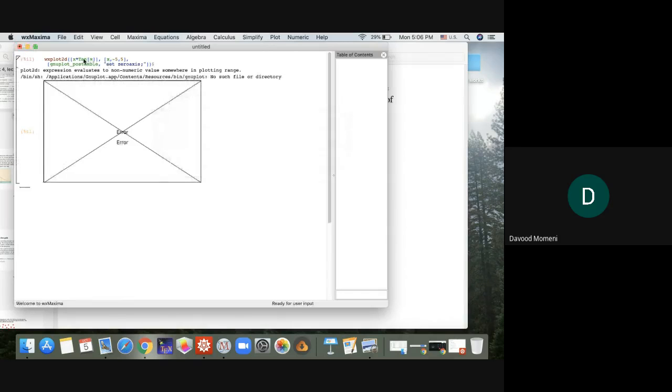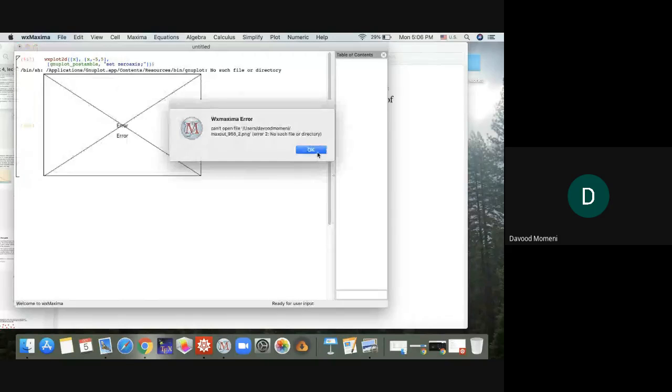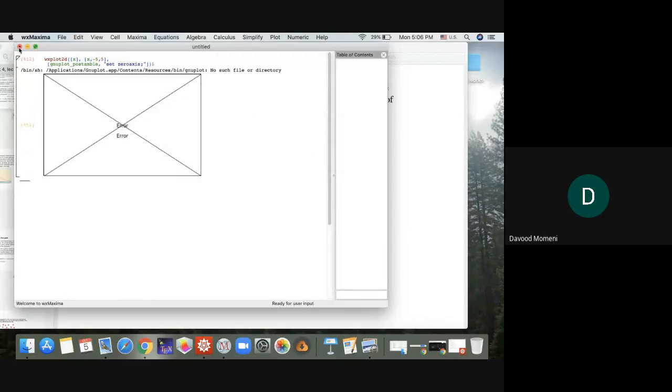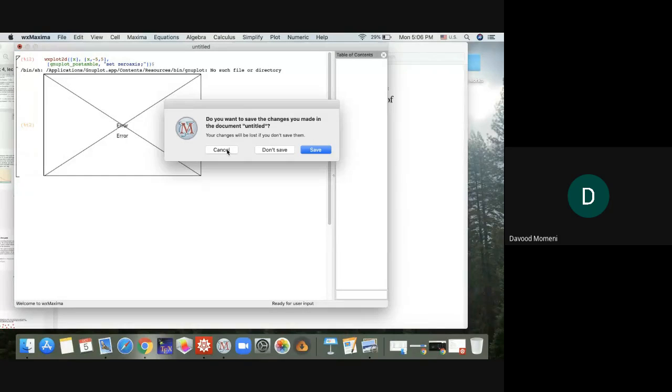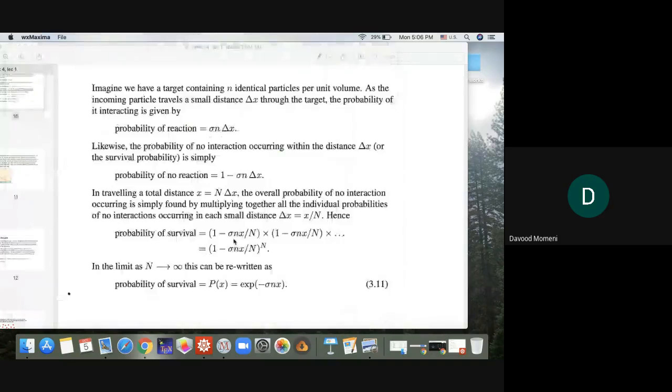Of course, there is something here, a software error. Okay, let's see. We have a problem here, but I haven't used this for a long time. Anyway, Maxima is free to use. There is also Grapher if you have a MacBook.